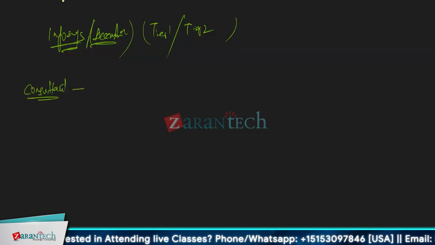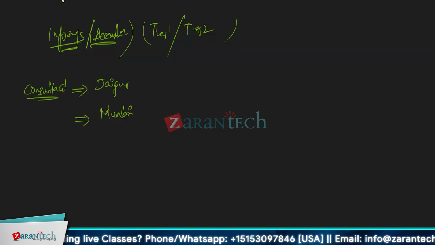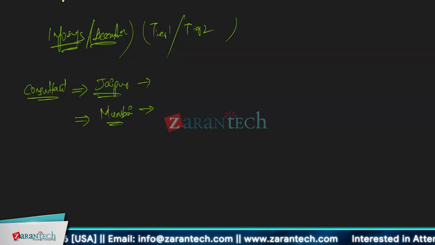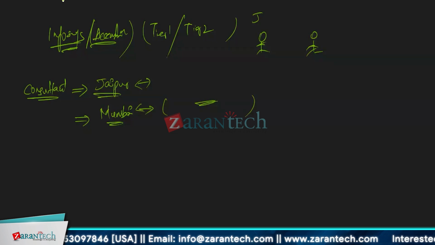Even within a country, you might be paying a consultant a different salary in, let's say, Jaipur compared to a consultant in Mumbai. Now, why is this the case? Can anyone guess? There is a difference in the cost of living for someone who is in Jaipur compared to someone who is in Mumbai. So you will be paying a higher salary in Mumbai compared to Jaipur, right?